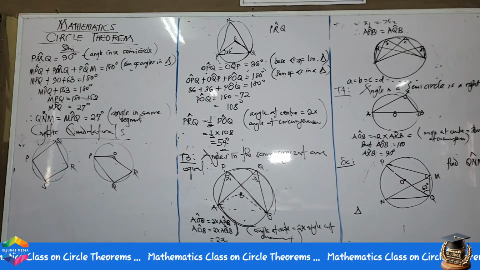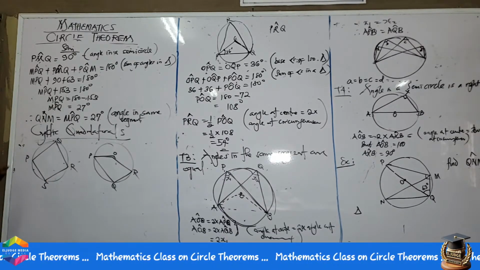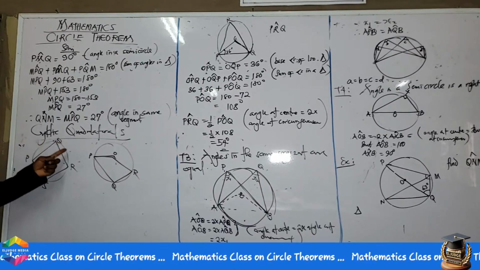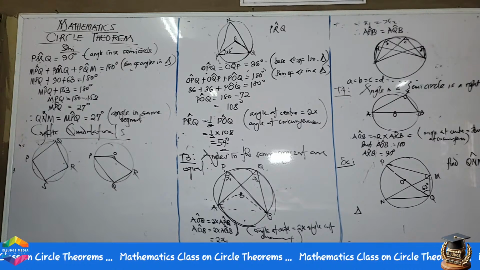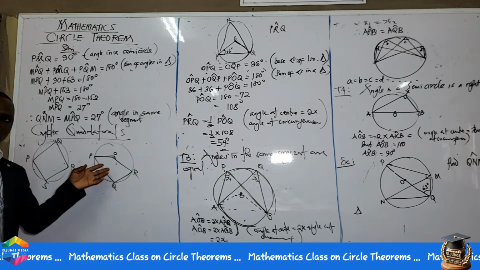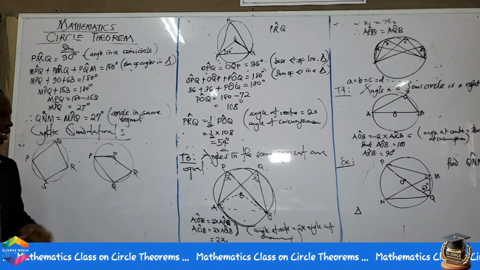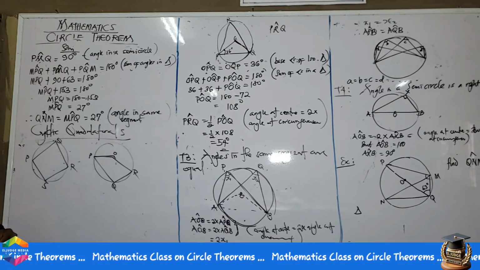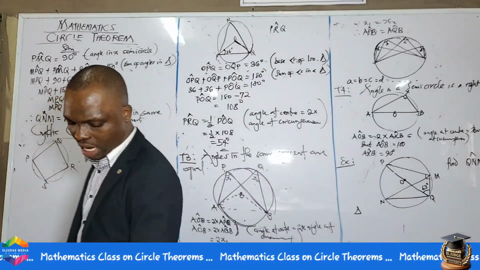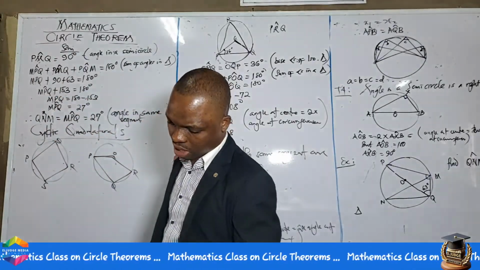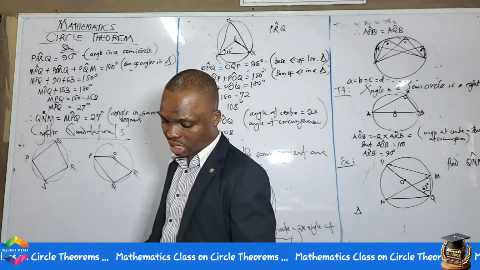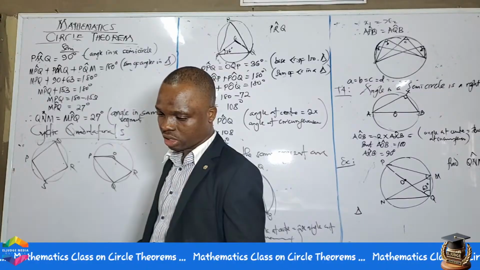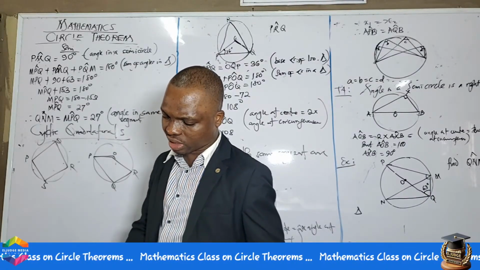These two diagrams are different. This is a cyclic quadrilateral because all the vertices touch the circumference of the circle. While this is just a normal quadrilateral in the circle. It is not, the last part is not touching the circumference of the circle. So we cannot refer to the second diagram as a cyclic quadrilateral because one of the vertices is not touching the circumference of the circle.